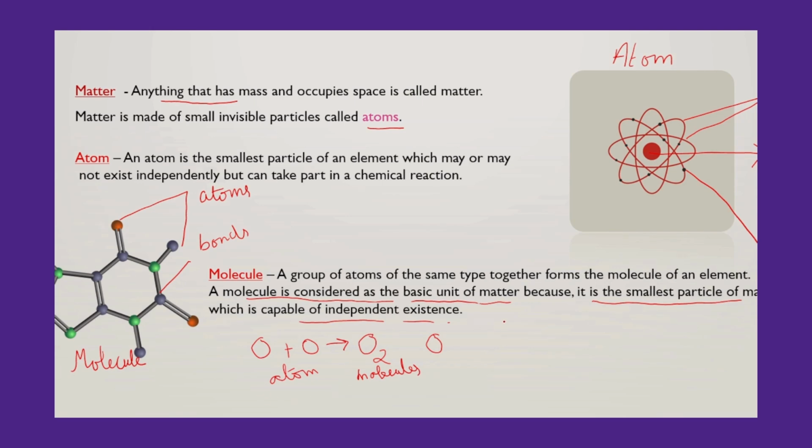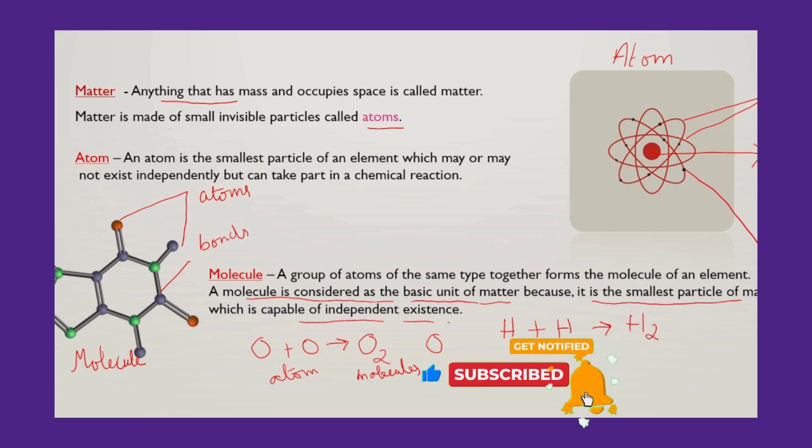Like oxygen, hydrogen also exists in H2 form. Such atoms which cannot exist independently but exist as molecules are known as diatomic molecules.